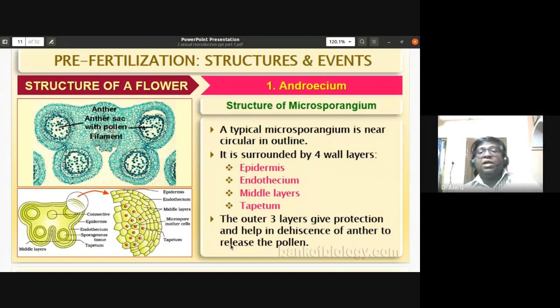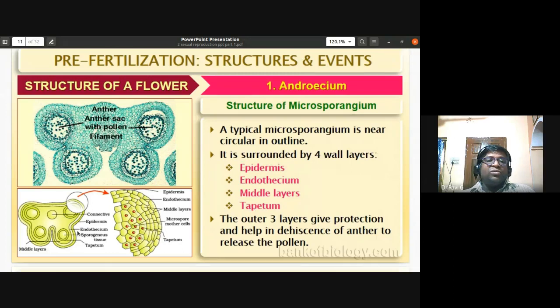The outermost three layers, that is epidermis, endothecium, and middle layers, give protection and also help in dehiscence of the anther to release the pollen grains.